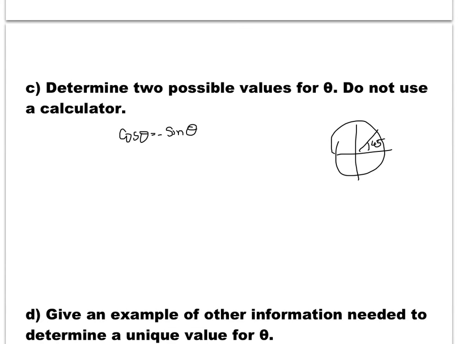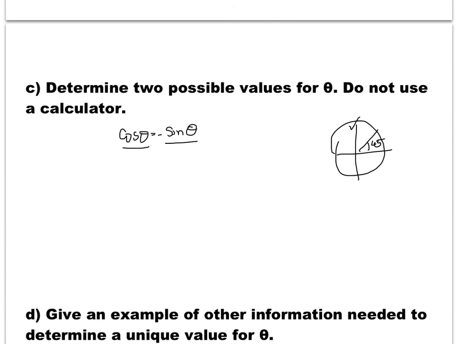Now, since sine and cos have different signs, you have to go through 4 quadrants and see which one satisfies this condition. In quadrant 1, sine and cos are both positive, so they don't satisfy this condition. In quadrant 2, we know that sine is positive, but cos is negative, so this quadrant is okay.